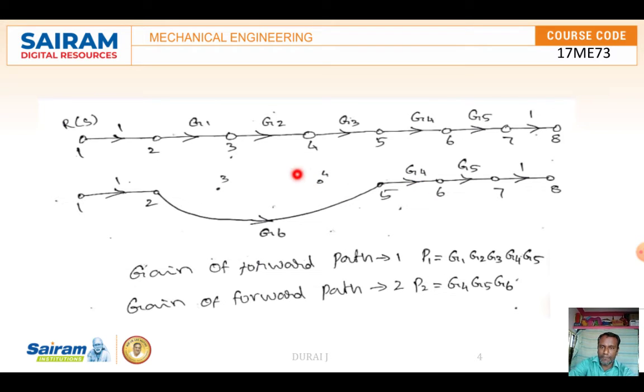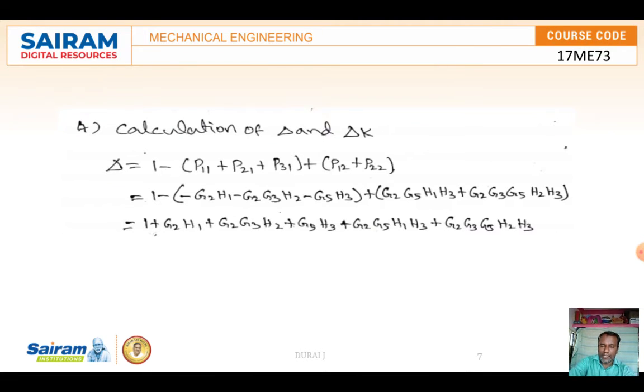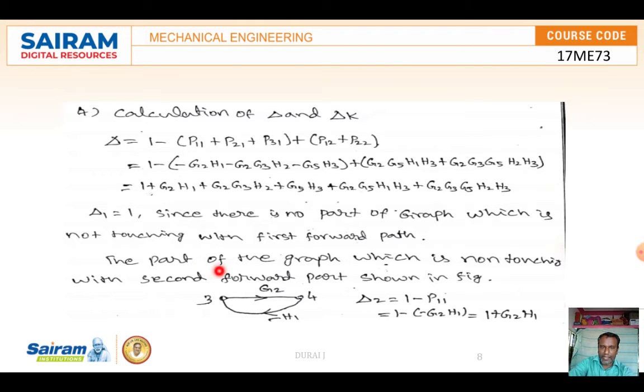But 3 4 3, this loop is not touching the second forward path. Okay, so 3 4 3 is not touching that second forward path, so in the second forward path we are going to take del 2 equal to 1 minus p11. Okay, 1 minus p11, the gain we are getting is p11, that is minus g2 h1, that you can substitute, we are getting 1 plus g2 h1.